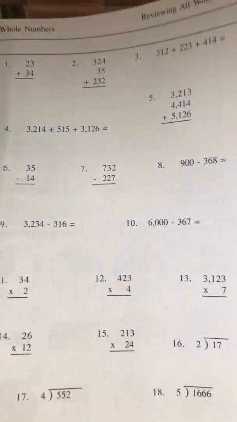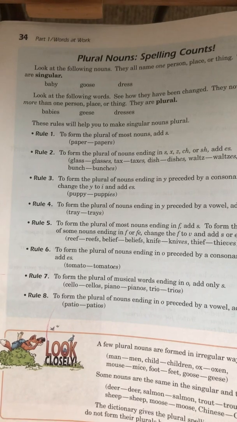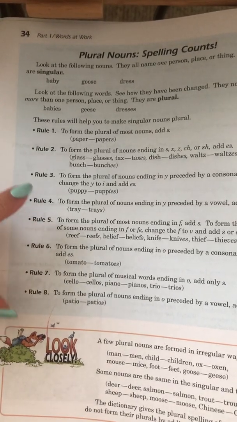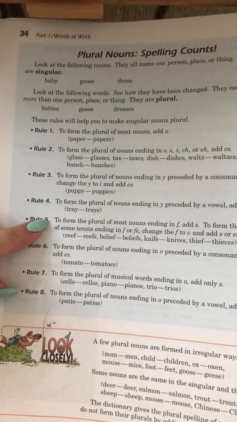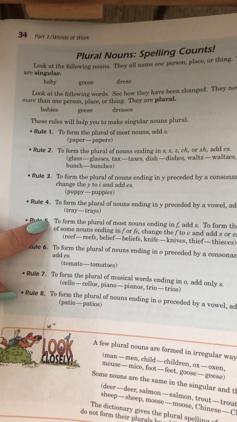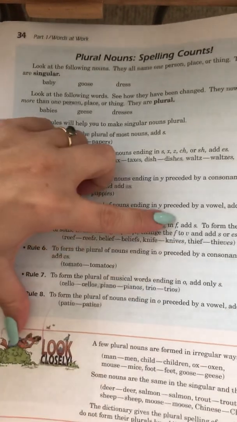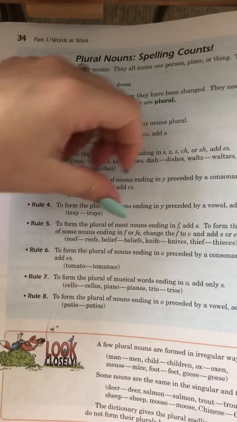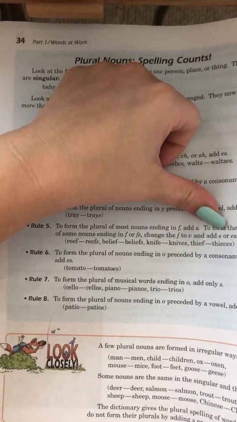So very exciting. Know that the plural of hoof is hooves, and you can find that here in Rule 5. It says to form the plural of most nouns ending in F, you add S, but some of them you change the F to V and add S or ES, like in knife, knives, or thief, thieves.